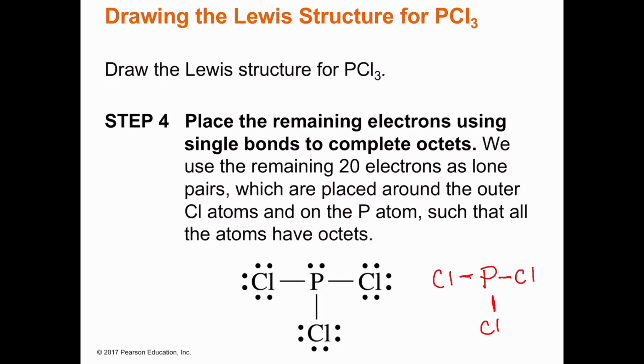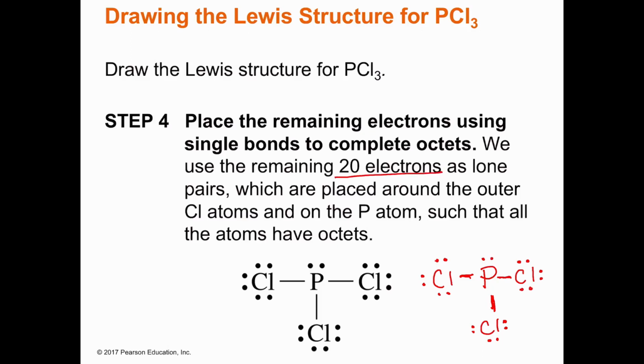Phosphorus right now has 6 because it has 3 bonds going to it, and each one has 2 electrons. So we're going to try and finish off those octets. We can go 1, 2, 3, 4, 5, 6, 7, 8, 9, 10, 11, 12, 13, 14, 15, 16, 17, 18, 19, 20, because remember, we had 20 electrons left.